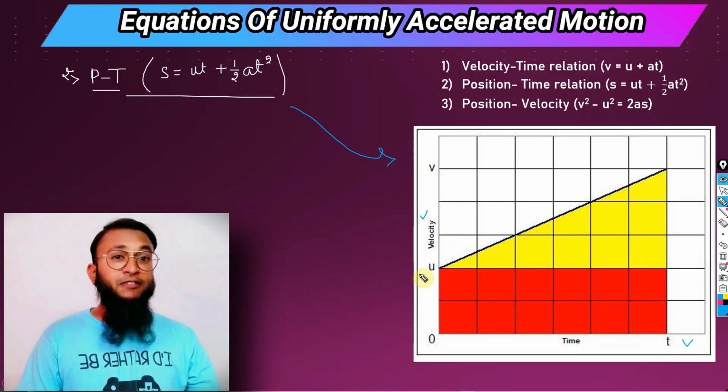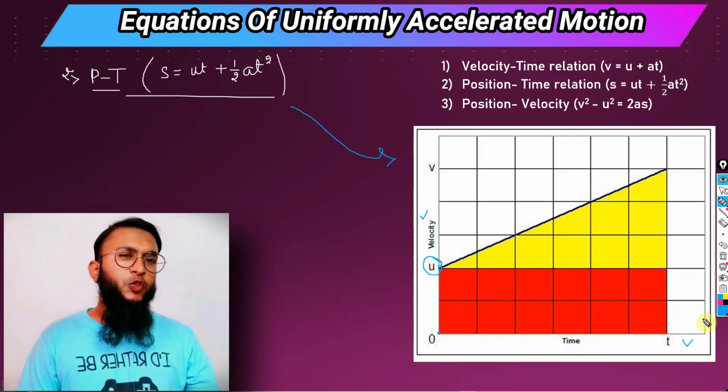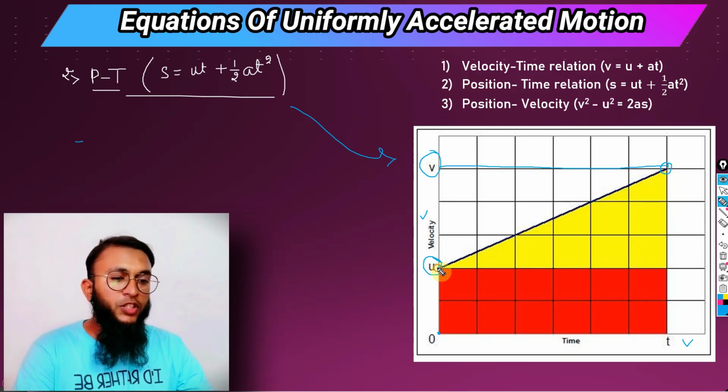If you look at this graph closely, you will find that the velocity of the object is not starting from the point 0, it is starting from the point u. This means that the body is already moving with some initial velocity u. And if this body continues for a period of time and it is observed that the velocity of the body has changed from u to v, so now the final velocity of the object at a certain time t is v.